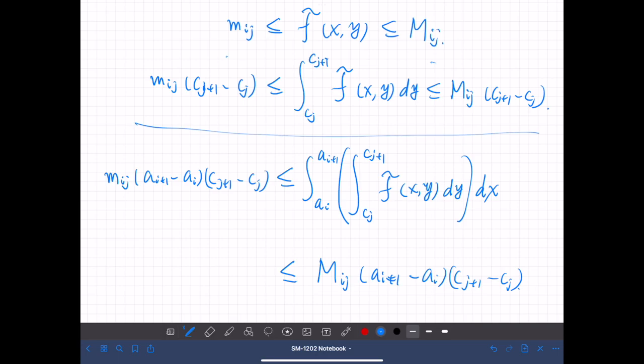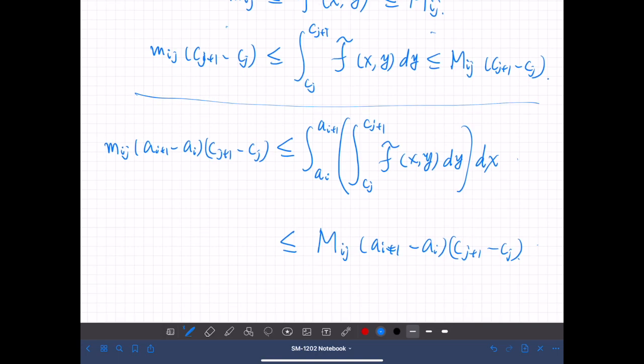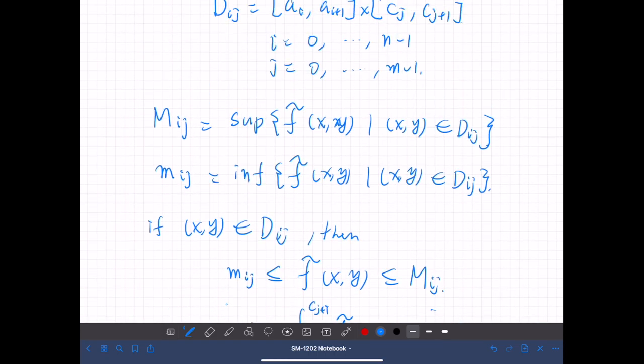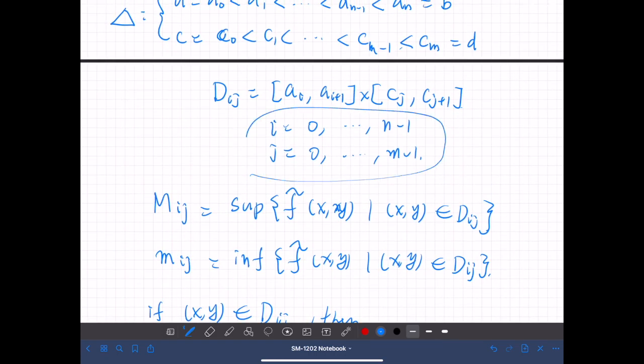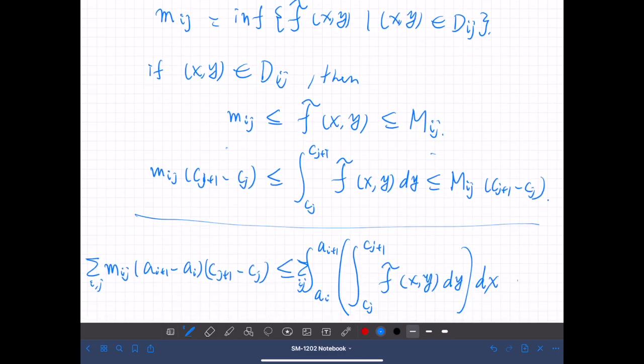Next, we sum these terms over i and j. Of course, i and j vary over these ranges.